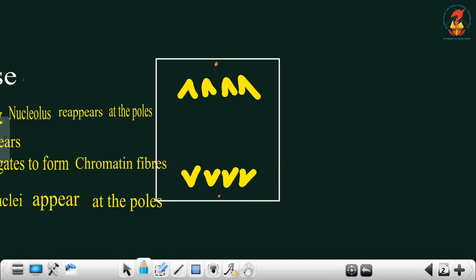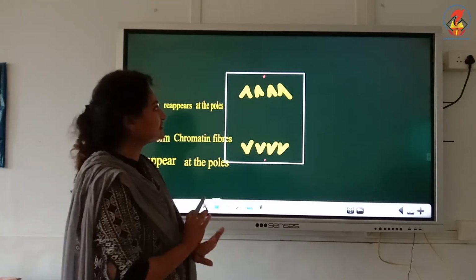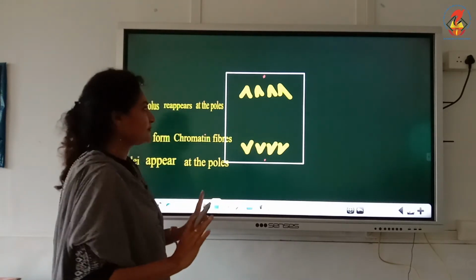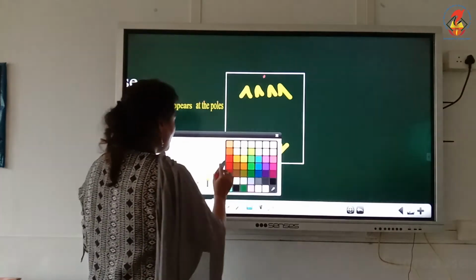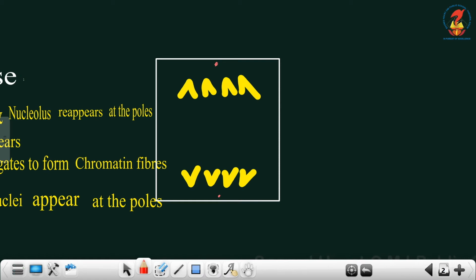Now here you have to remember the spindle fibers have disappeared. The spindle fibers that were produced by the centrioles disappear totally. And now is the reappearance of the nuclear membrane. Nuclear membrane reappears around the sister chromatids at the two poles.